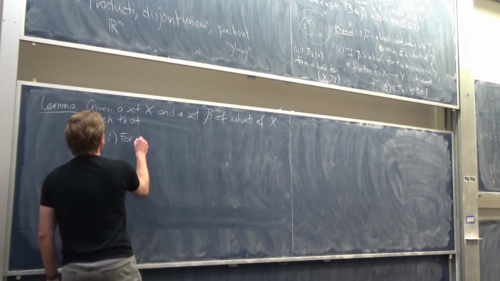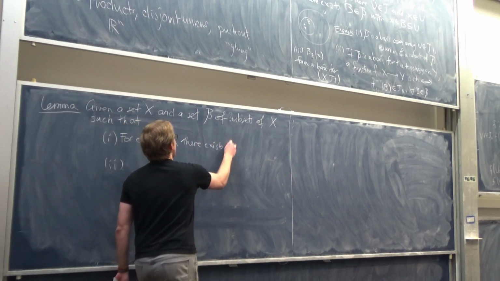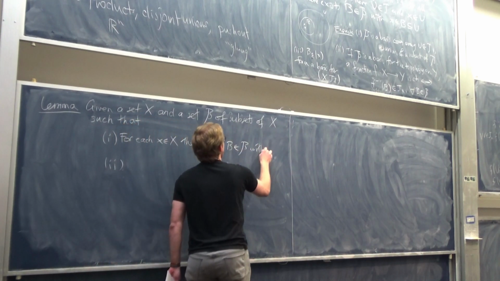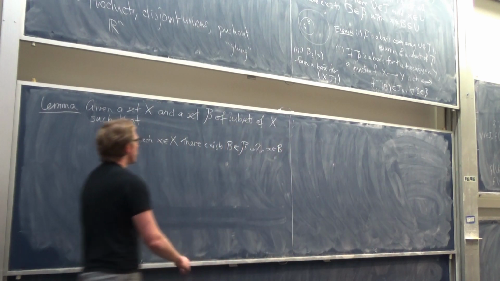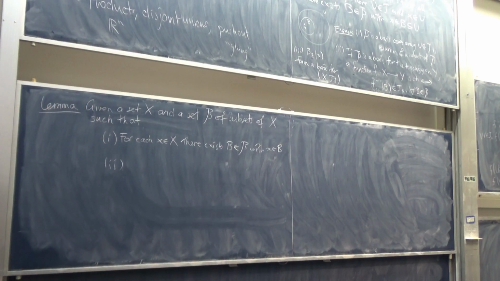So we must have at least that for each x in X, there exists B in the basis with x in B. Okay, and the second condition is maybe a little less obvious, but if I took two things in the basis, say B and B prime, and I took a point in the intersection, well, condition one would tell me there's some thing in the basis which contains that point. Well, I knew that already. There's two of them, in fact.